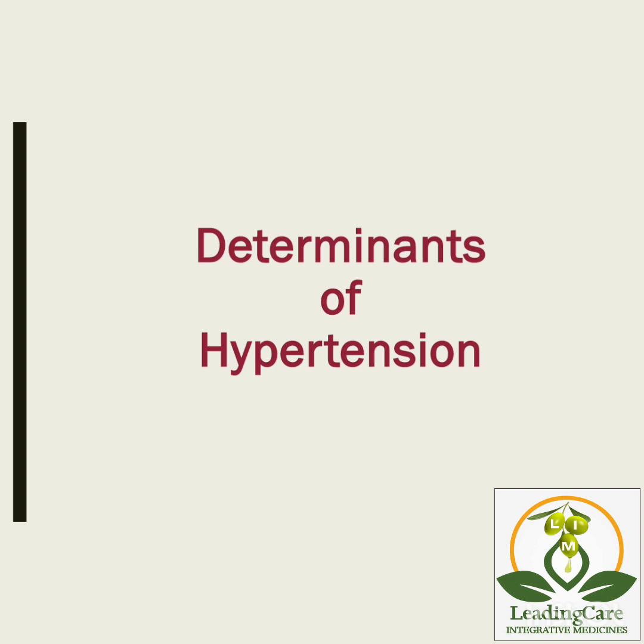I said in the video that we have two types of hypertension, the essential and the secondary. The determinants of hypertension that I'm about to talk about here are the determinants of primary, essential hypertension. What are the causes of essential hypertension?